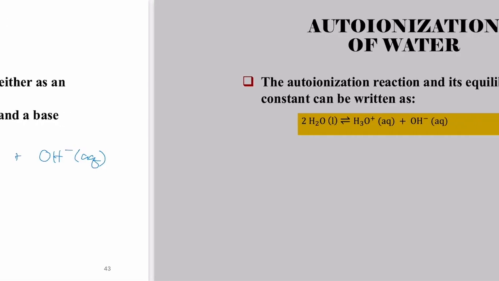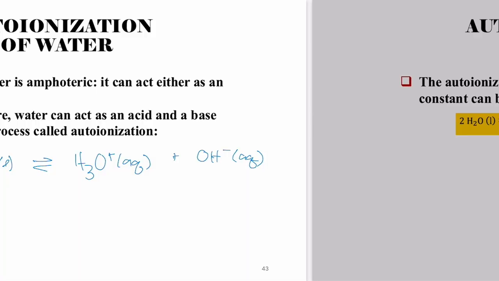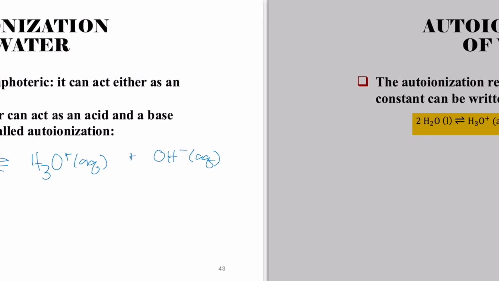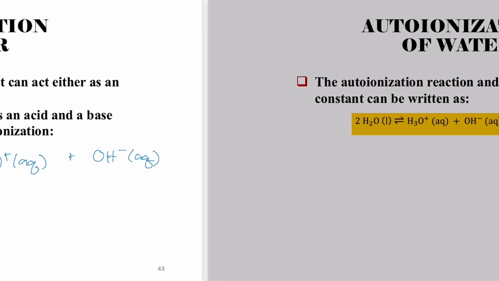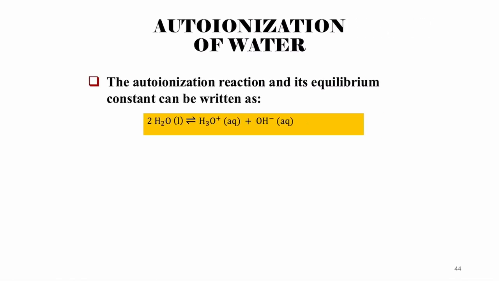And so that means that if we were to then look at the equilibrium constant, right? So this is called autoionization because it just happens spontaneously with neutral water, right? Every now and then they collide and they interact in this way, which means that even in neutral water, you're going to have some concentration of H3O plus and some concentration of OH minus.